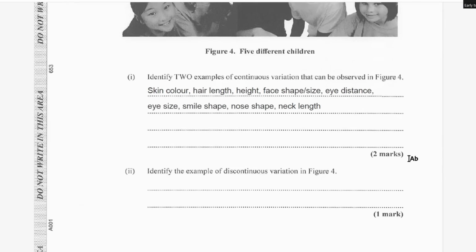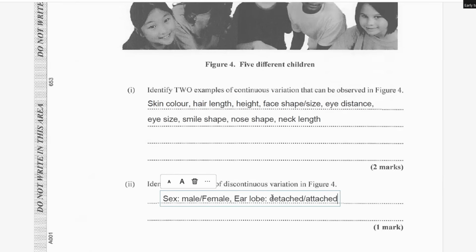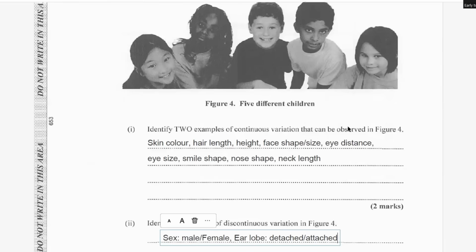Identify the example of discontinuous variation in figure 4. Now, they're asking you for just one example, and they are hoping that you will identify sex. Some are male, some are female. That one is very obvious. But we are looking at the earlobes, and we could see that this one is detached and his own looks kind of attached.